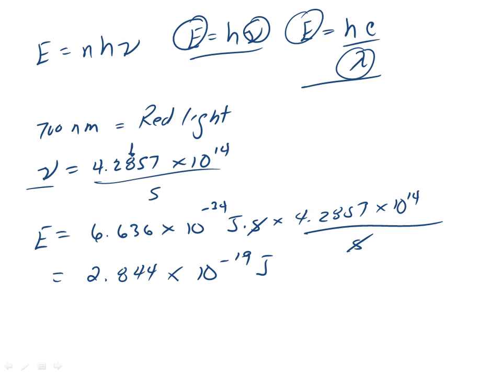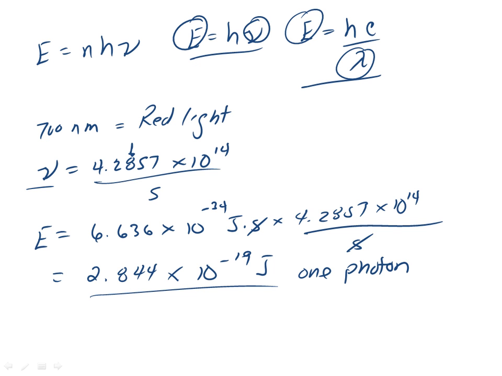That is how much energy is present in one photon. Now, what's a photon? Well, a photon is a packet of light. So we think of light sometimes as packets, and we call those photons. And this is the amount of energy in one photon.